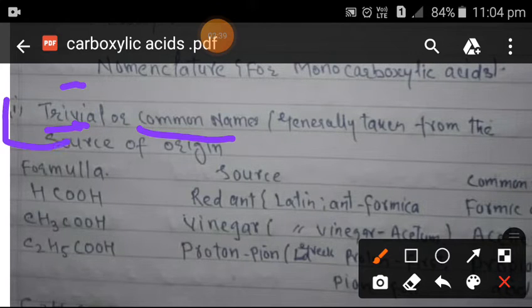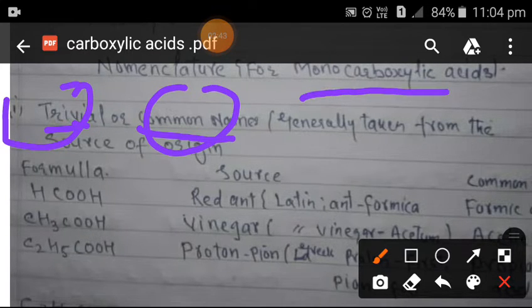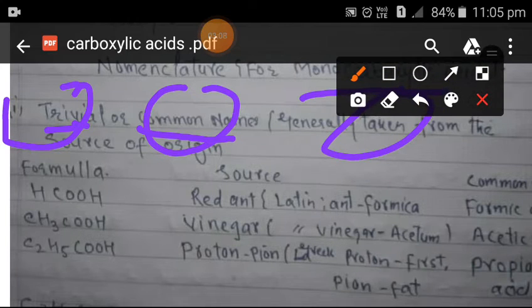The common name of monocarboxylic acids is generally taken from the source of their origin, meaning from where they have been extracted. For example, we may see different types of monocarboxylic acids. Their tribal names are given here.